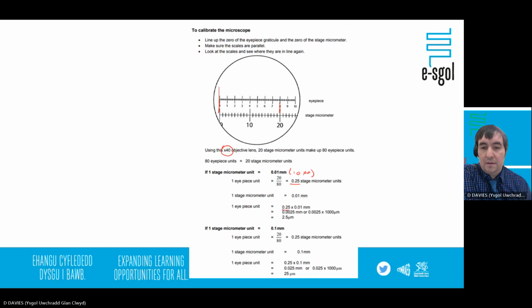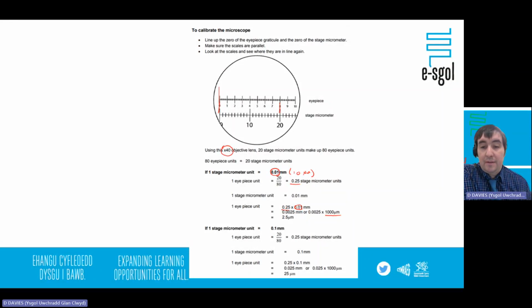So one eyepiece unit is the 0.25 we've got there, times the 0.01 that we've got there. If I'm timesing that by that, remember you need to multiply by 1,000.